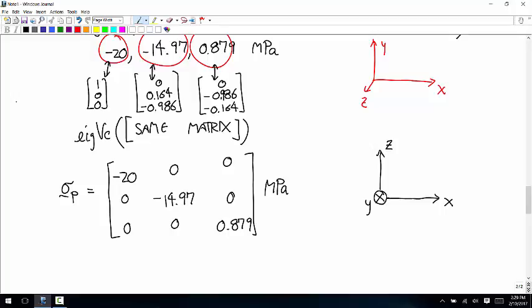And then this one is mostly in the negative y direction, a little bit in the negative z direction. So I just drew them aligned with the axes because it's pretty close to being aligned, but it's off by, I don't know what the inverse cosine of 0.986 is, but it's around 10 degrees. So it's pretty close to aligned, just rotated 10 degrees. Could be just up and into the board a little bit. Yes, that's right.